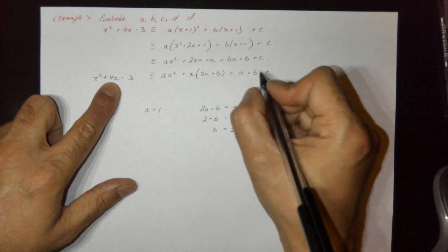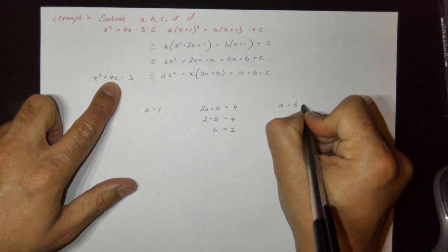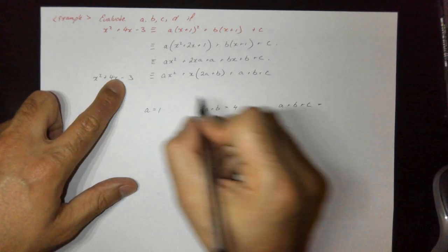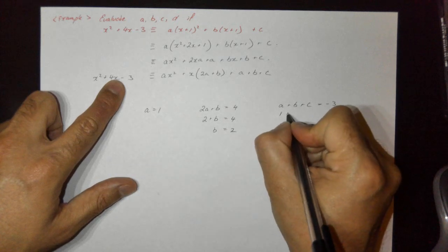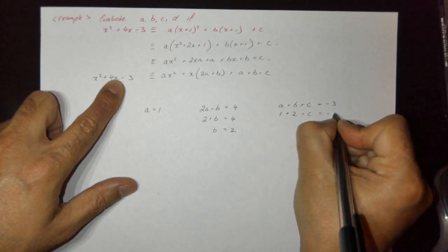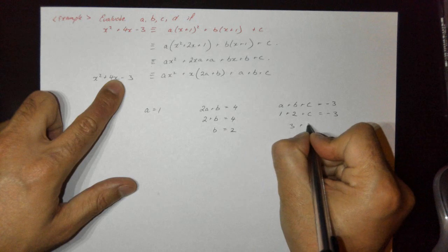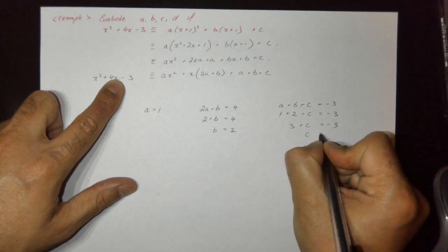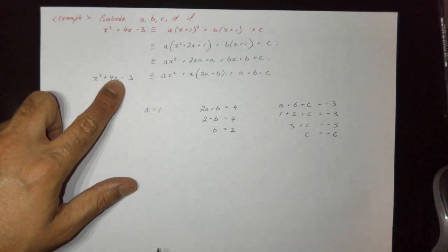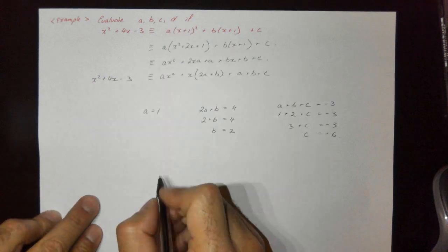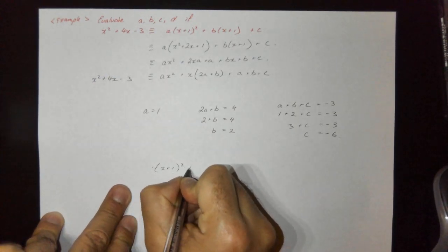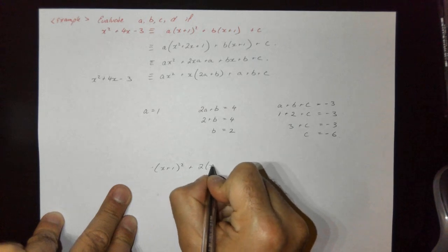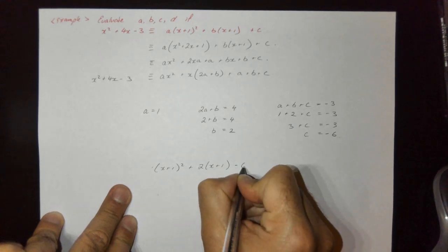Okay, now the constants, a plus b plus c, must equal negative 3. We know that a is 1, b is 2. Okay, so that's 3 plus c equals negative 3, so c equals negative 6. Okay, so I could write it as x plus 1 squared plus 2 lots of x plus 1 minus 6.